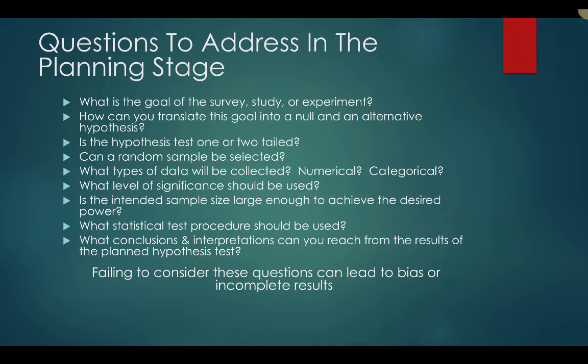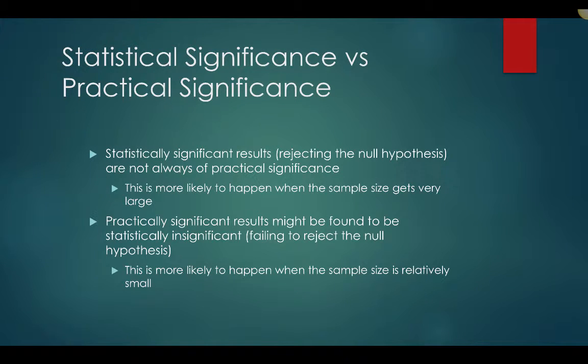Okay, statistical significance versus practical significance. Statistically significant results, rejecting the null hypothesis, are not always practically significant. This is more likely to happen when the sample size gets very large. Practically significant results might be found to be statistically insignificant, failing to reject the null hypothesis.